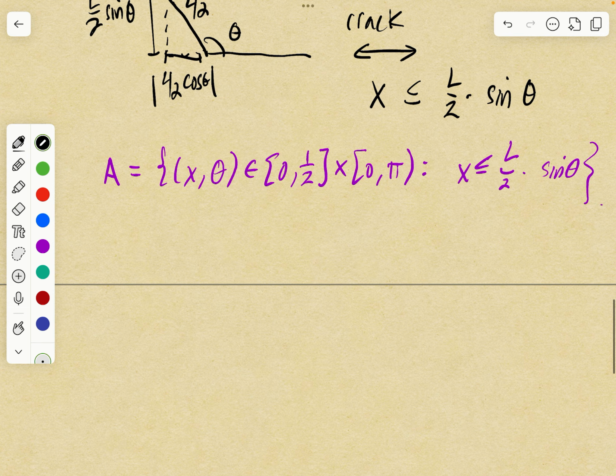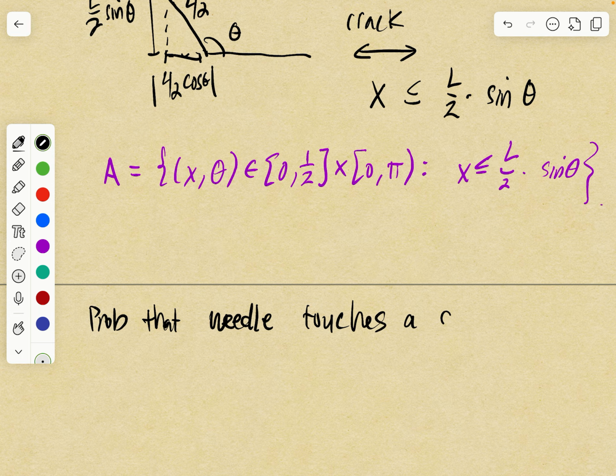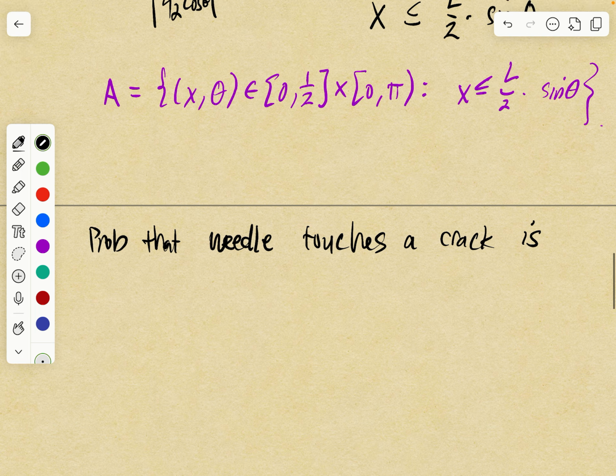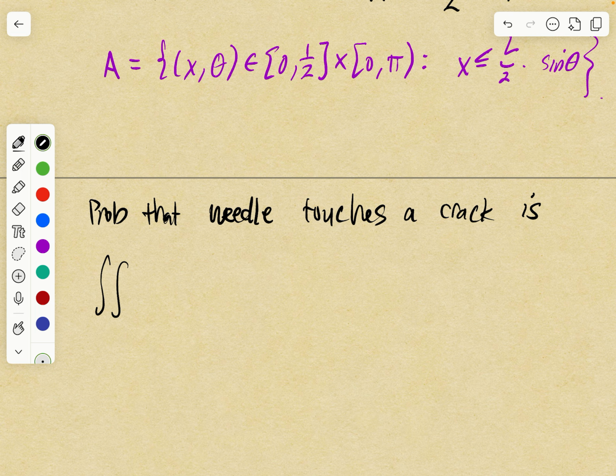To figure out the probability, we integrate over this region A. So the probability that the needle touches a crack is the integral of the joint density function over A, so that's 2 over pi dx d theta. And how do we set up the integral?